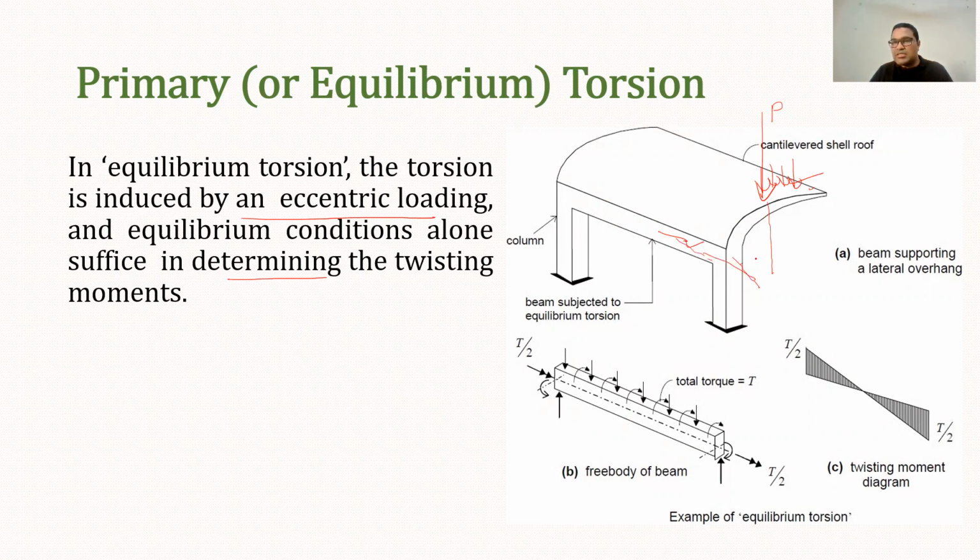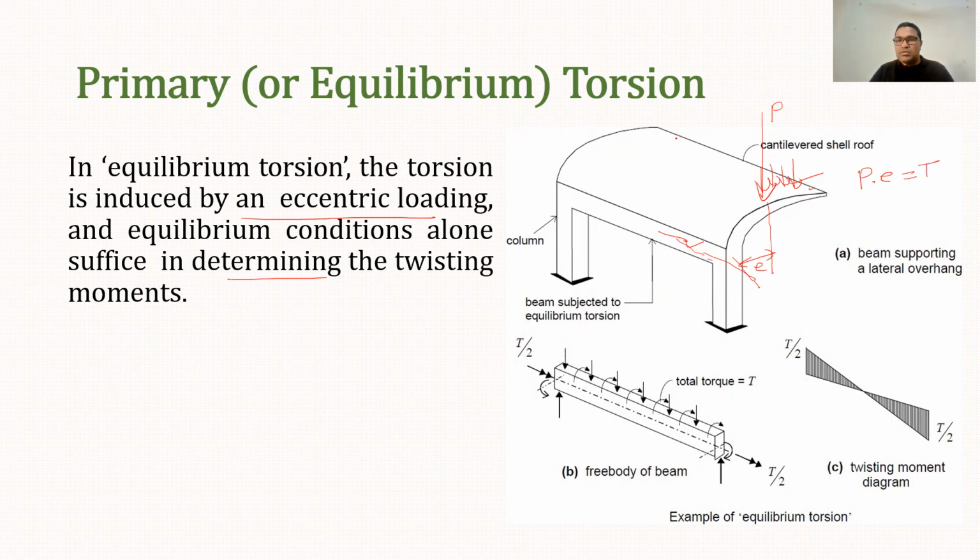If the distance between them is E, then the moment generated along the main axis of this beam will be P into E. This moment is known as torsional moment, and generally we represent torsional moment as T.